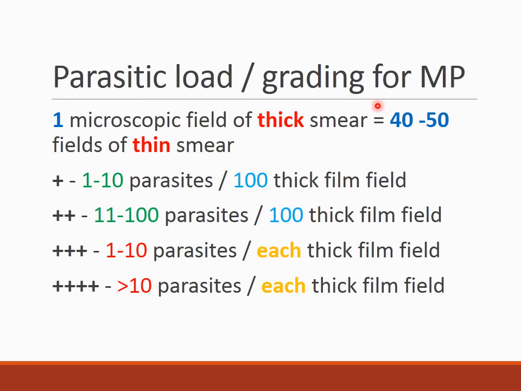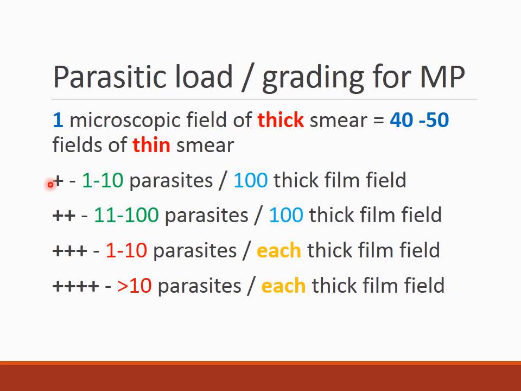Parasitic load or grading for malarial parasite. One microscopic field of thick smear is equal to 40 to 50 fields of thin smear. So it is better to view the thick smear, because in one field itself we can make out 40 to 50 fields of thin smear.